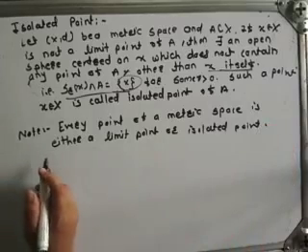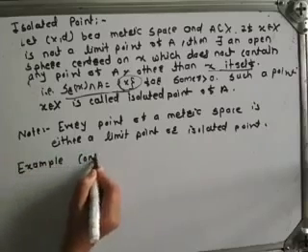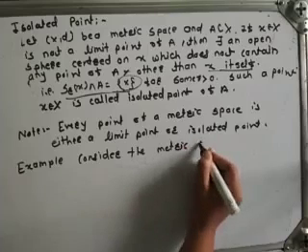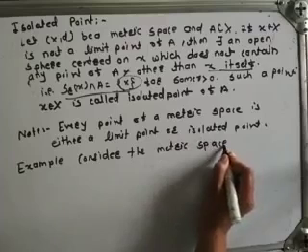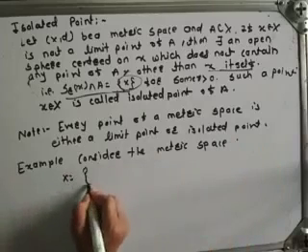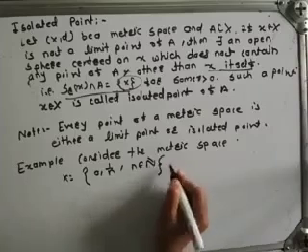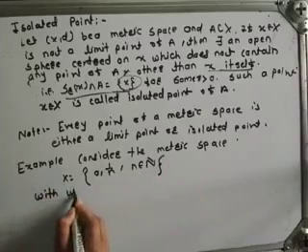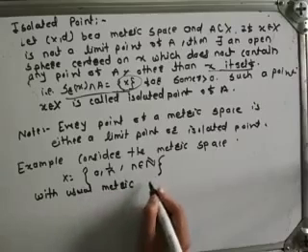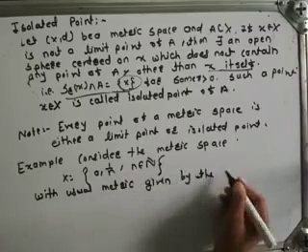Let us take one example. Consider the metric space X equals the set of all 1 by n, where n belongs to the set of natural numbers, with the usual metric given by the absolute value.